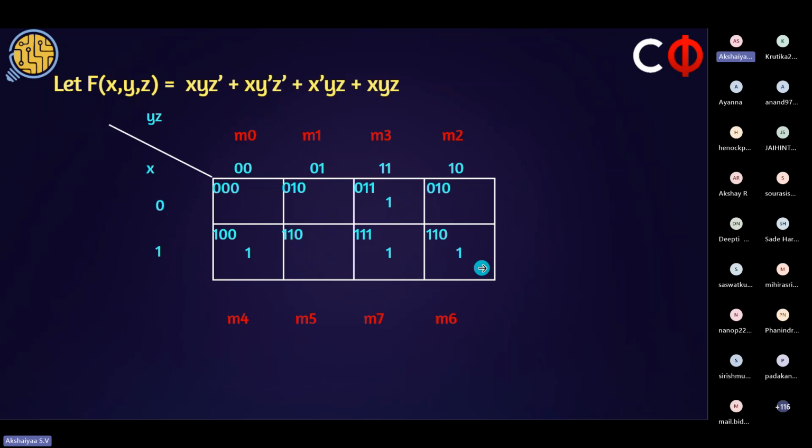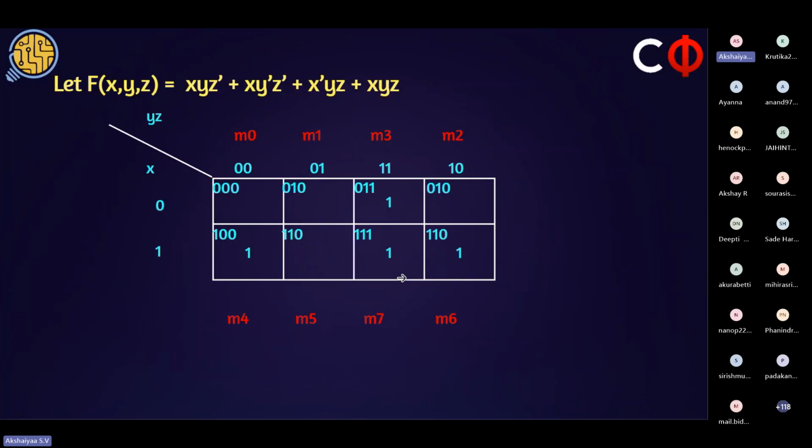So this is x, y, z prime. The next term is x, y prime, z prime, so this is going to be 1, 0, 0: x is already high and y and z are 0. When representing min terms, I'll have to make them high. Then I have x prime, y, z, which is going to be this term 0, 1, 1. And then I have x, y, z, all of them high, so this is going to be 1 there.